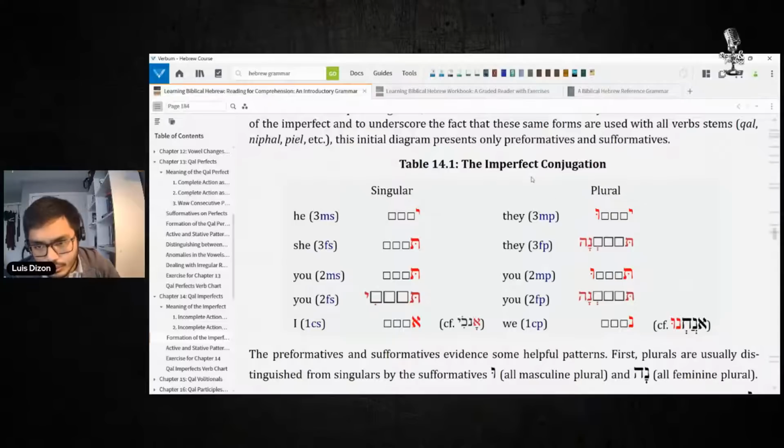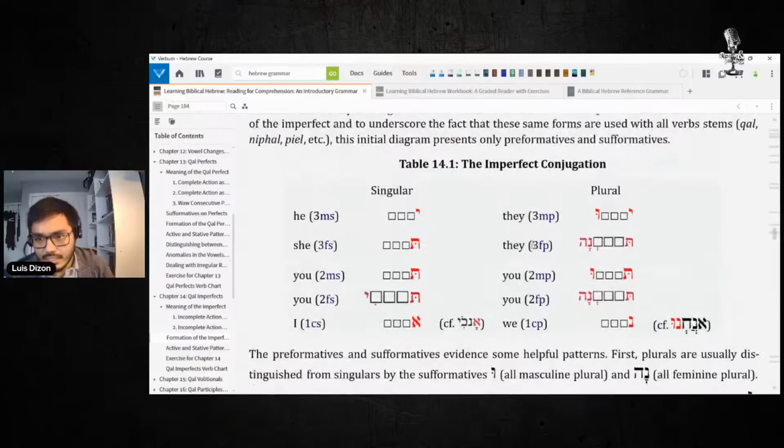And sometimes there will also be a sufformative, something that is added after the three-letter root. So the way to remember it is the perfect verb never has a preformative, always has a sufformative, except if it's the third person masculine singular. The imperfect verb always has a preformative and sometimes has a sufformative.